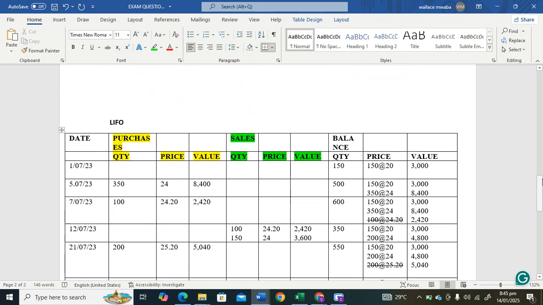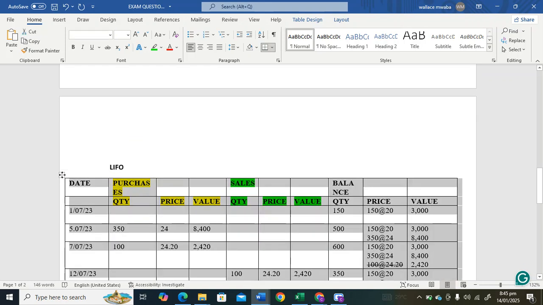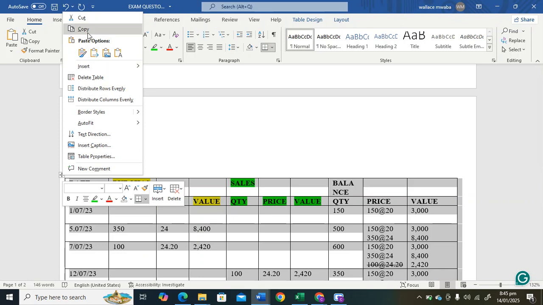Okay, we go to the next one, the average costing method, AVCO. At least with this one, there is no need for separating the goods.